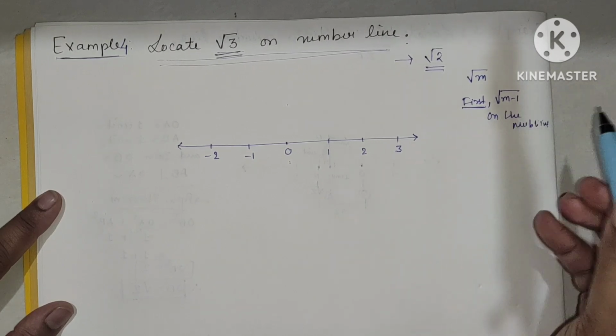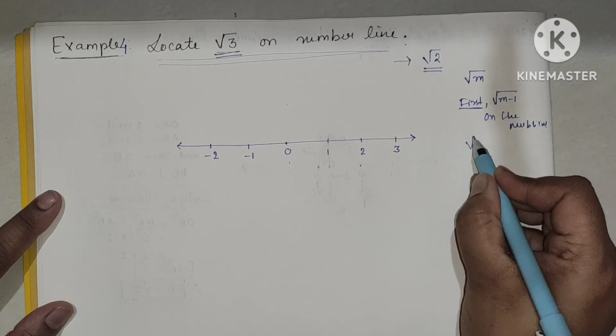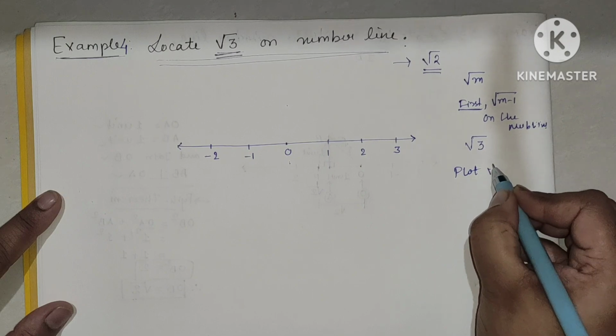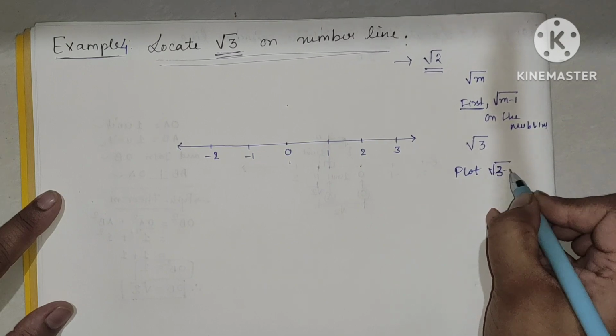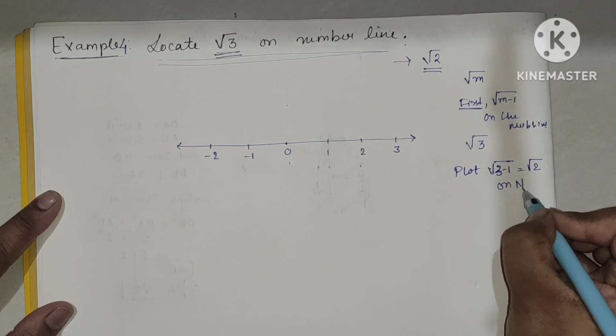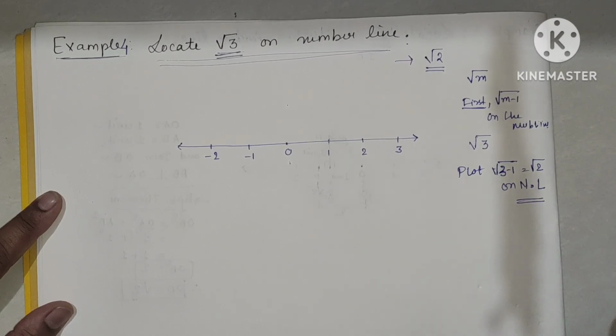That means if you are given root 3, first you will plot root 3 minus 1, that is root 2, on the number line.